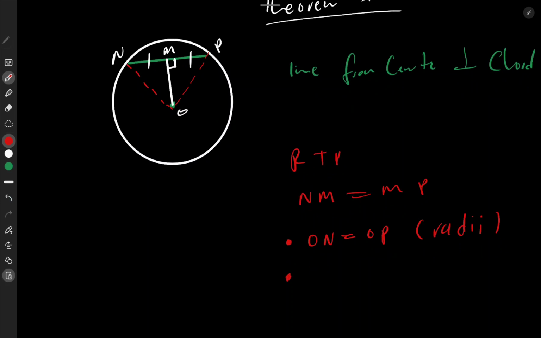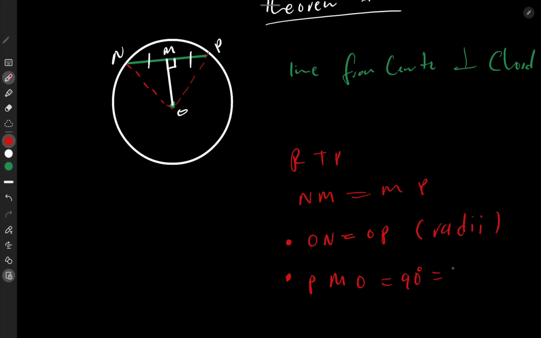And it was given that angle PMO is equal to 90. It is given, you can see it right now. They're always going to give you this if they want you to prove this. So it's equal to 90.